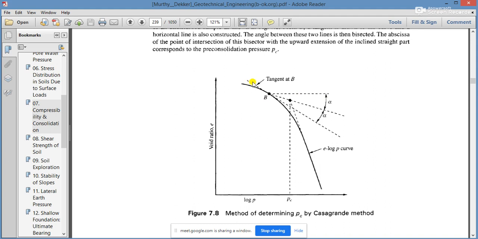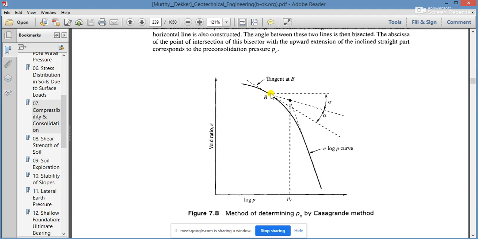When this curve, void ratio versus pressure, is available to us, from where can we get it? From the consolidation or odometer test, the consolidation test in the lab. When this curve is available, you have to choose one point, that is point B. This point B indicates the maximum curvature or minimum radius.